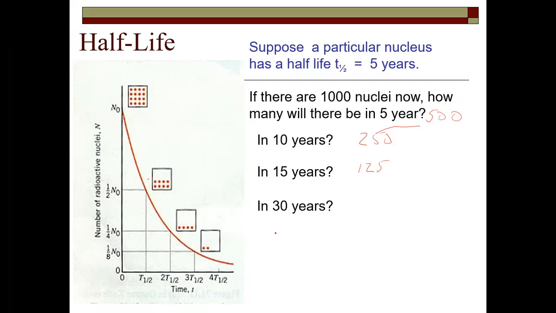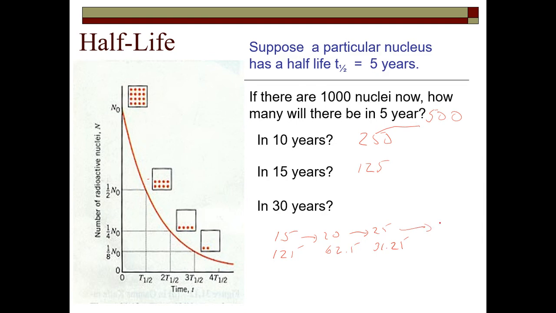So if at 15, I have 125, that means at 20, I would have 62.5. Is that right? I think so. And then after 25, half of that would be 31.25.